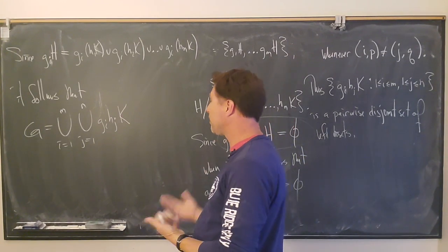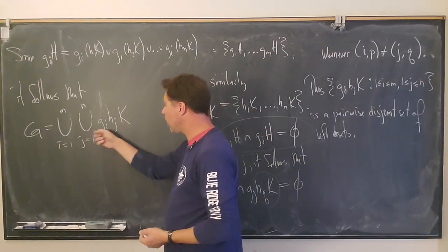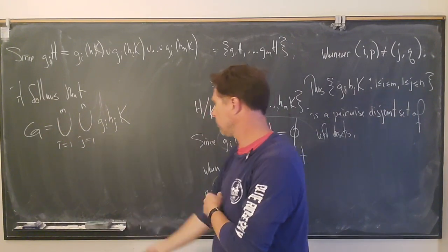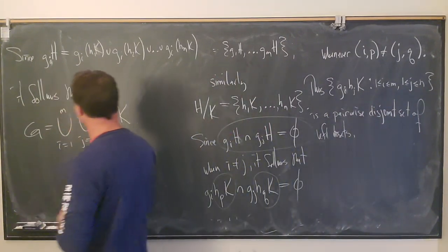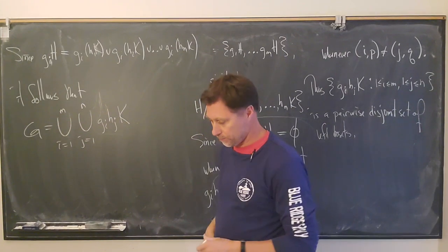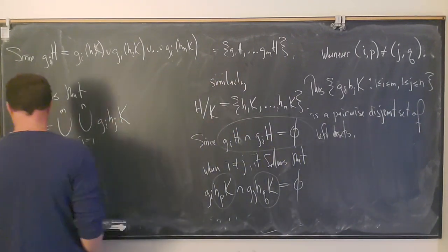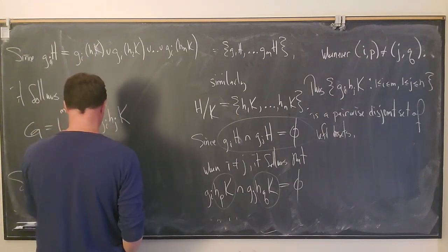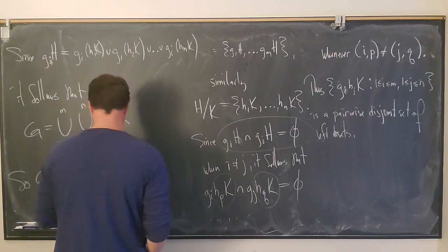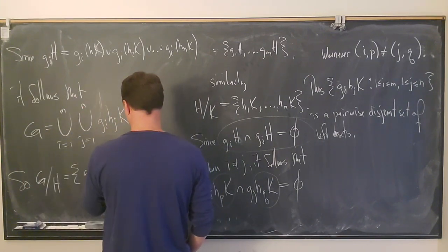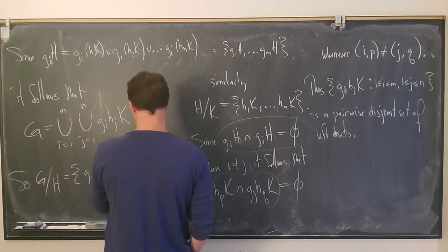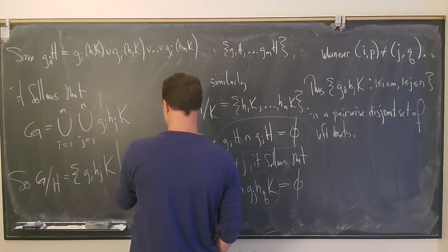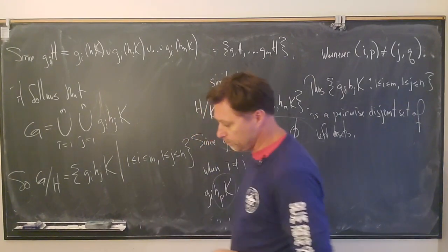So what do we have then? We have a collection of left cosets that makes up all of G. How many of them are there? There's m times n of them. So G mod K is equal to the set of left cosets gi hj times K, where i runs between 1 and m, and j runs from 1 to n.